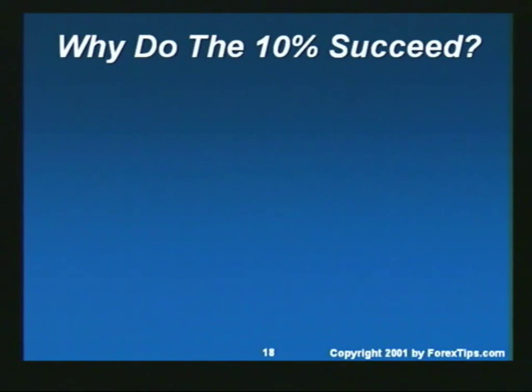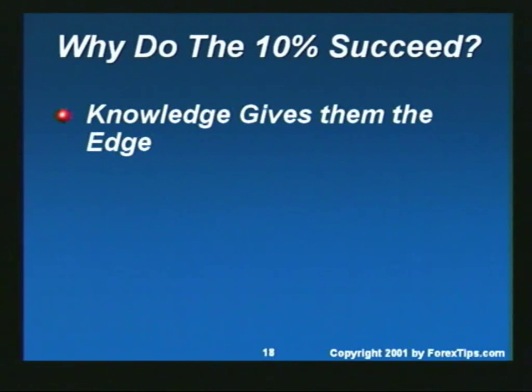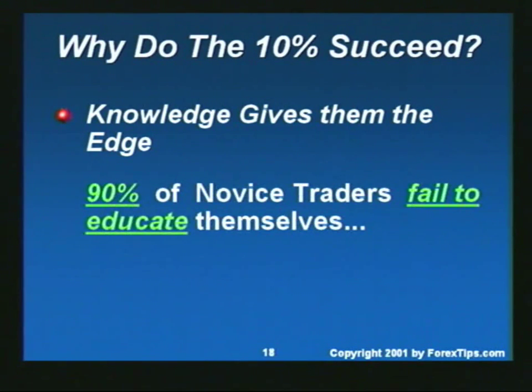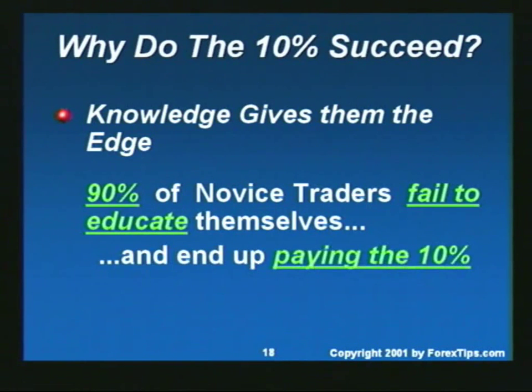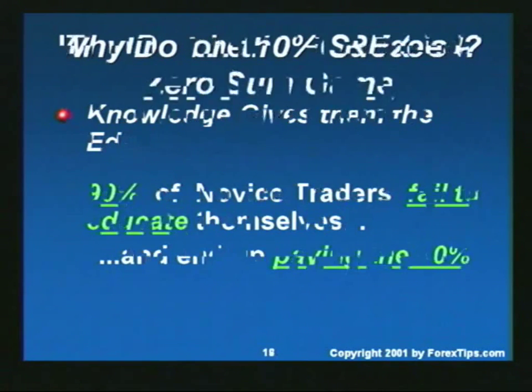Successful traders will do what unsuccessful traders won't do. The 10% that succeed usually go out and educate themselves on how the market works before they get involved. And that knowledge gives them an edge. And with that edge, they're able to jump into the market and start profit taking from those traders that failed to educate themselves, and therefore the 90% pay the 10%.